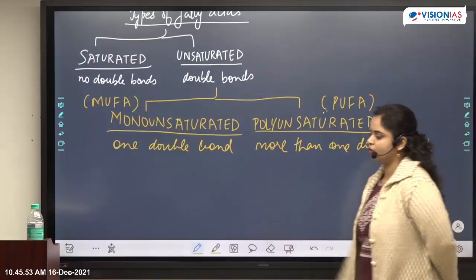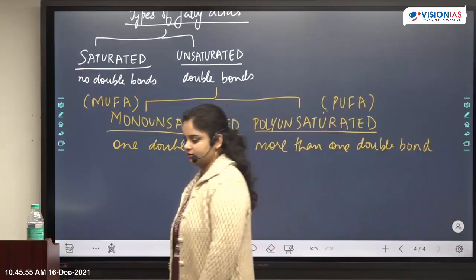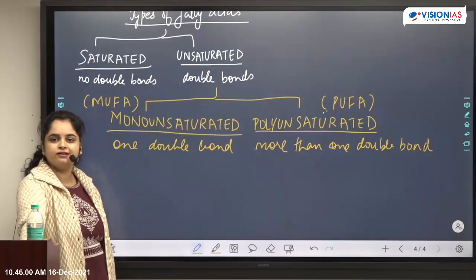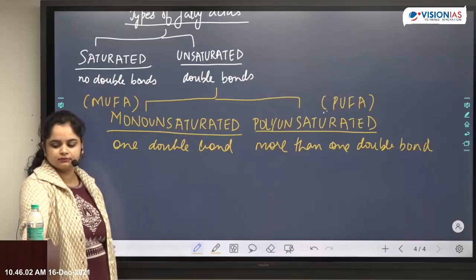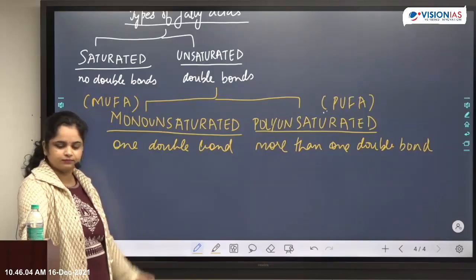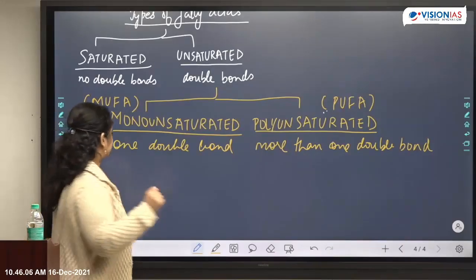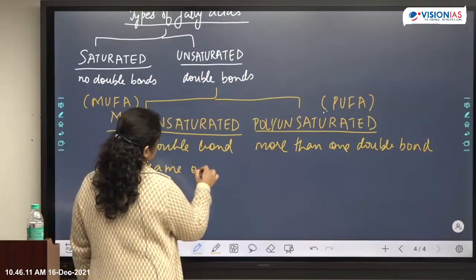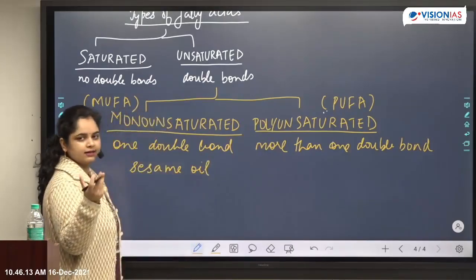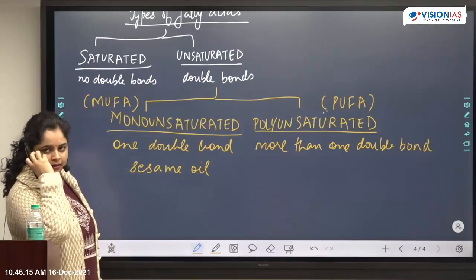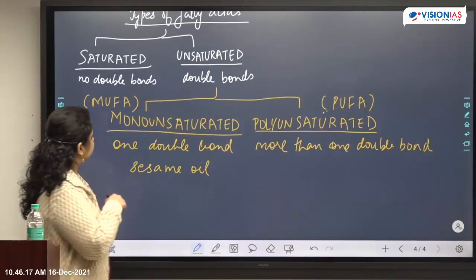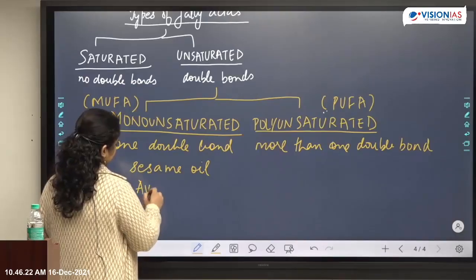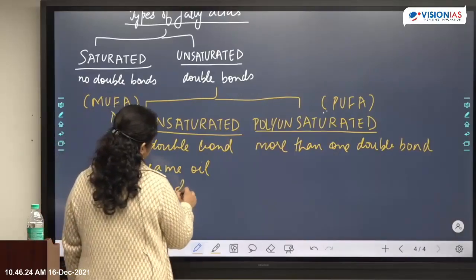First, for monounsaturated, olive oil, sesame oil, or til ka tel, if you understand that. Sesame oil, olive oil, then this new superfood, avocado.